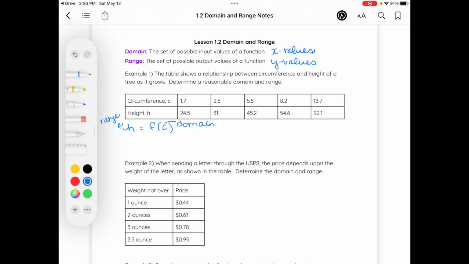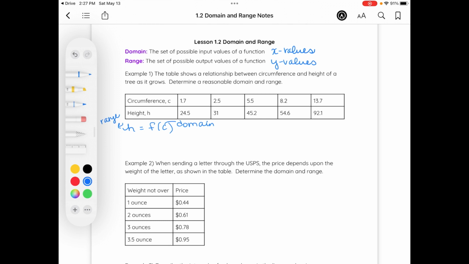When I'm looking at my table of values, I have a wide variety of both circumference and heights. However, I have to think reasonableness with respect to how wide, with respect to the circumference, it is possible for a tree to have.